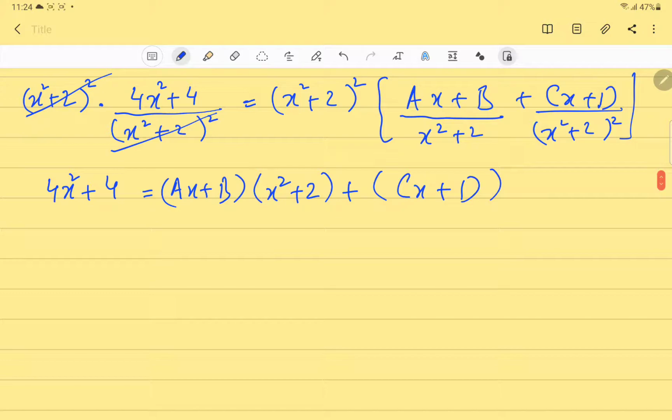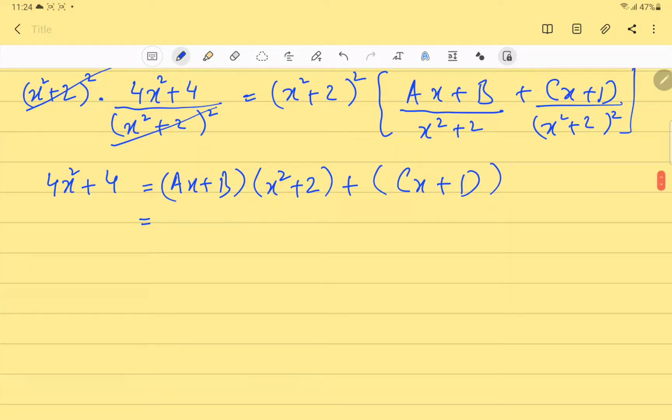Here in this case we cannot assume any value of x to find the values of the constants, so we will straight away go ahead and solve the equation. So we will open all the brackets. This is ax cubed plus 2ax plus bx squared plus 2b plus cx plus d.